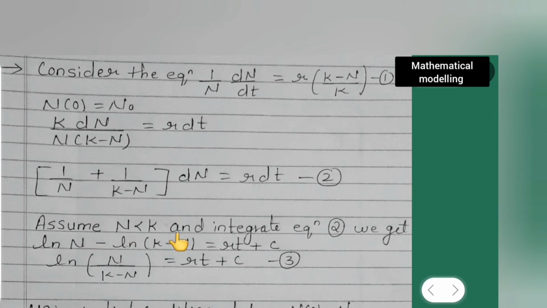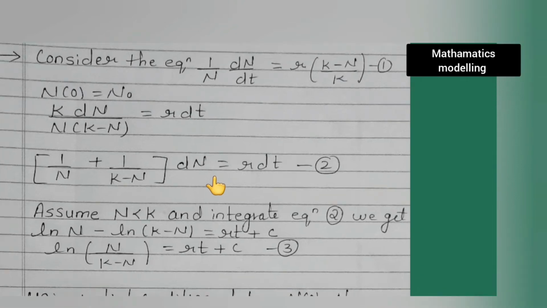Next, what I have to do is assume N less than k and integrate equation 2. What are you all going to get if you integrate equation 2? You are going to get ln of N. For the second term, if you integrate, with the minus sign you will get minus ln of (k minus N) over here.